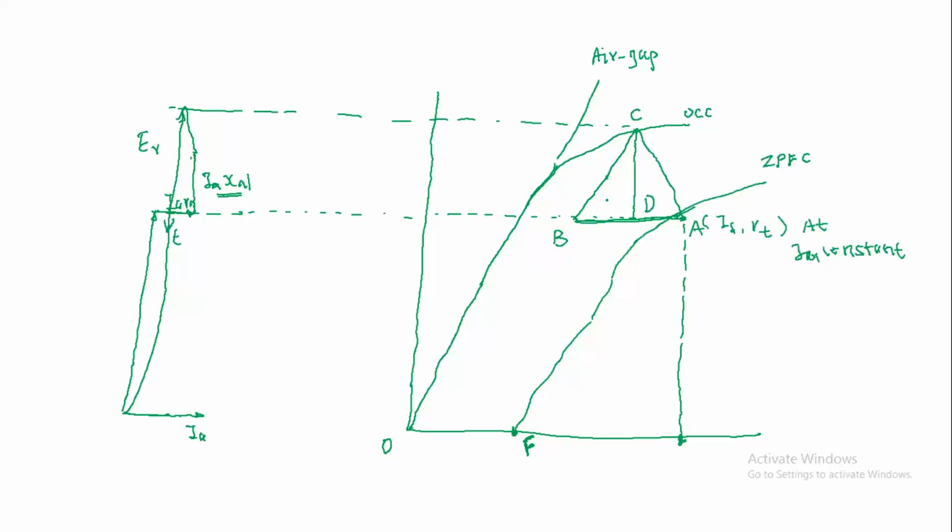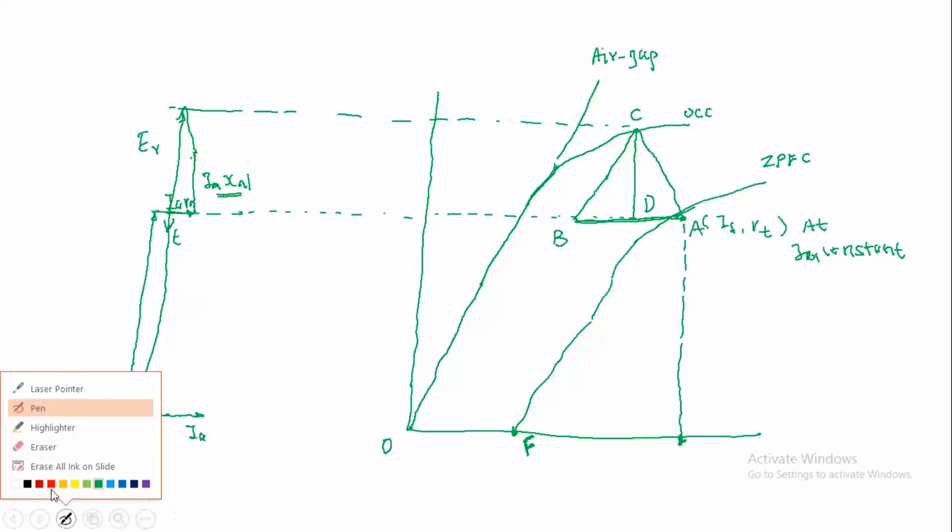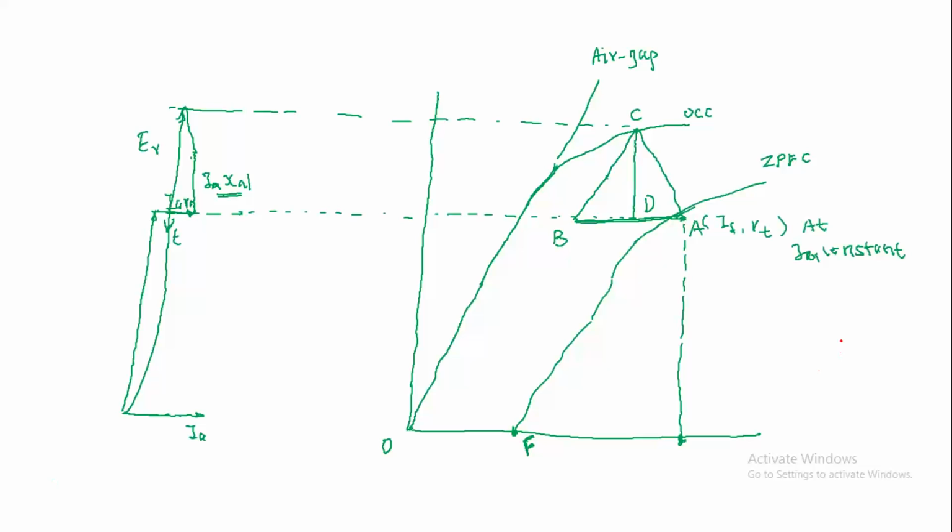What is AB? AB is equal to OF. And what is OF? OF is the field current to produce rated short circuit current. It is FA plus FAL. Now from the x-axis to D, this is VT.